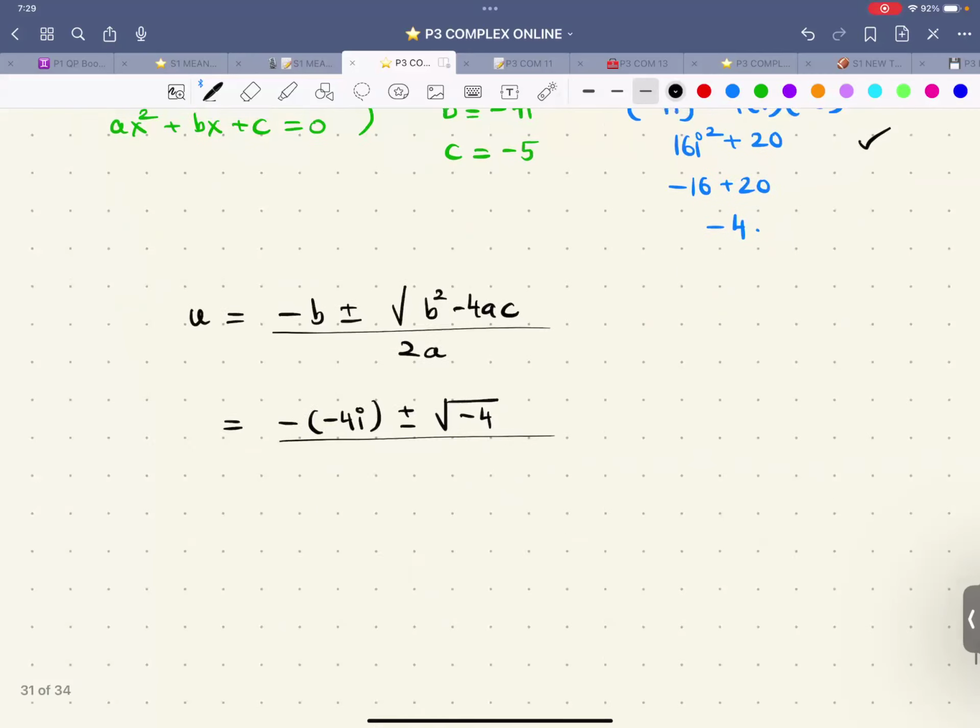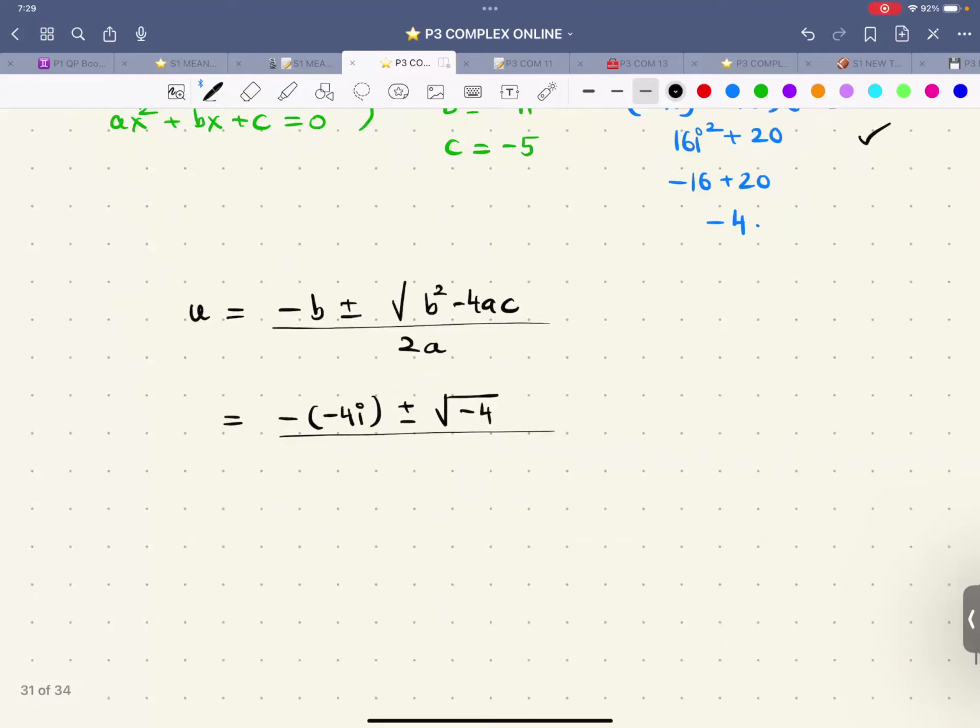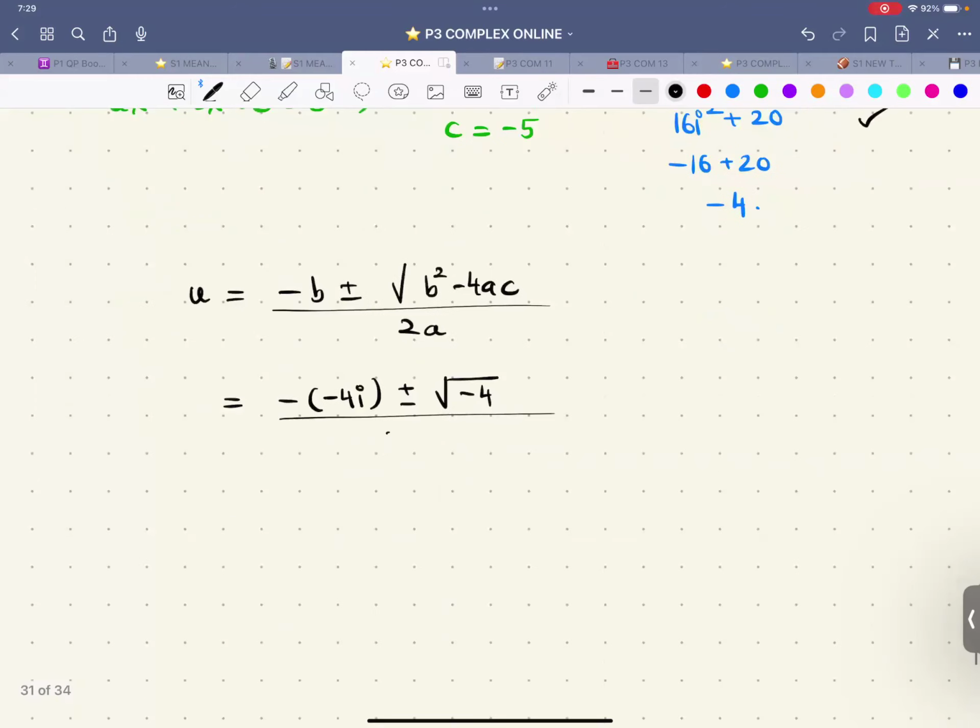I believe in less clutter, so I want things to be separated. Divided by 2a, that's 2 into 1. This is 4i plus minus the square root of negative 4, which is plus minus 2i, divided by 2.